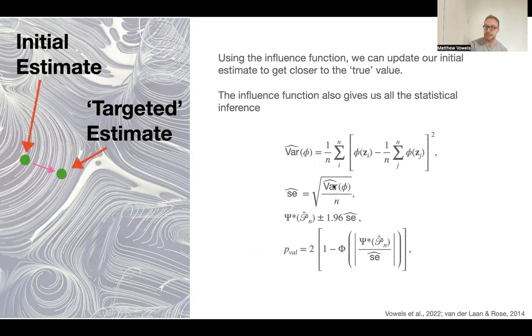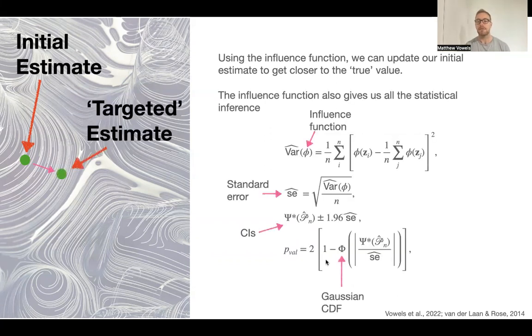This is actually the same as the standard deviation divided by the root of n, or if you take the square root outside, then we've got the square root of the variance divided by n. And we can use that to derive standard errors, confidence intervals, and then also p-values. So it's almost like magic. We don't only move closer to where we want to go, but we also end up with a whole load of statistical quantities which we need for our null hypothesis significance testing.